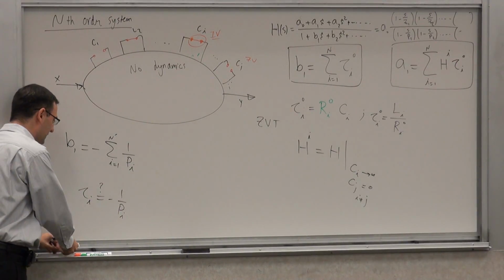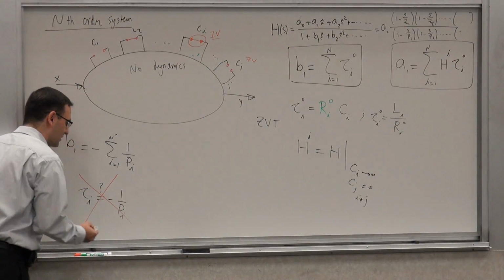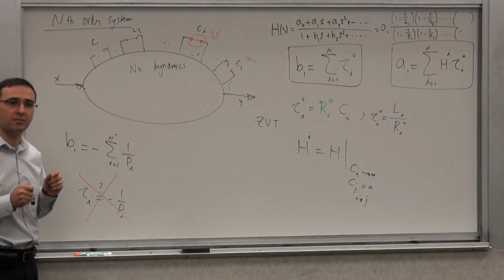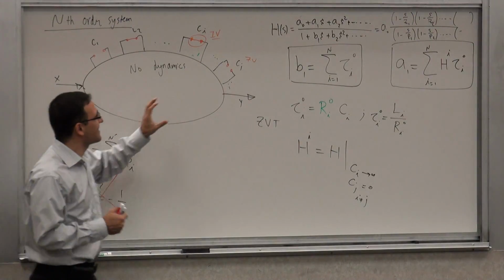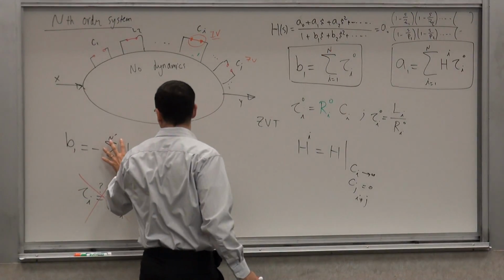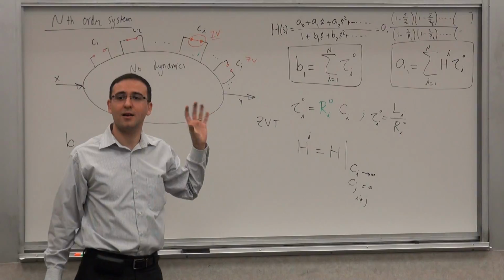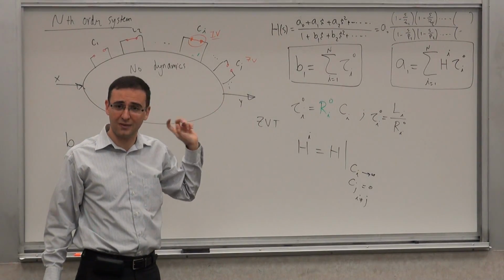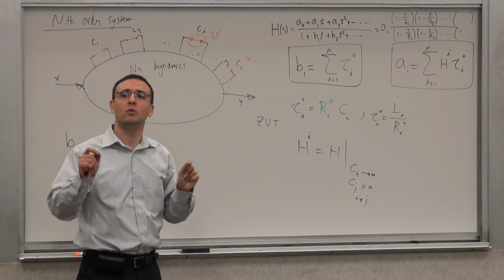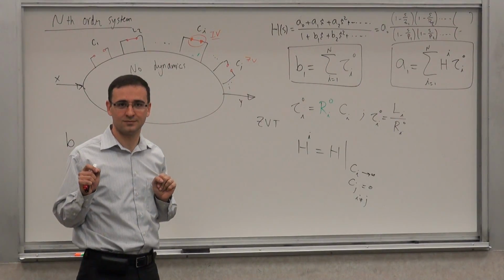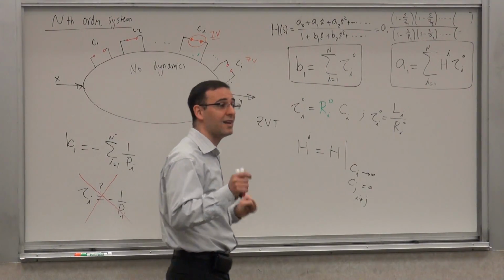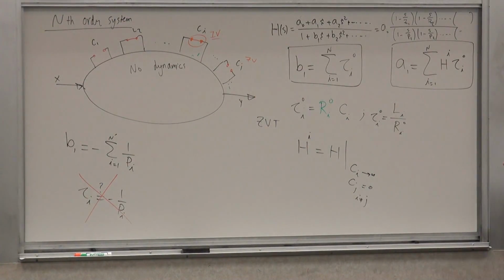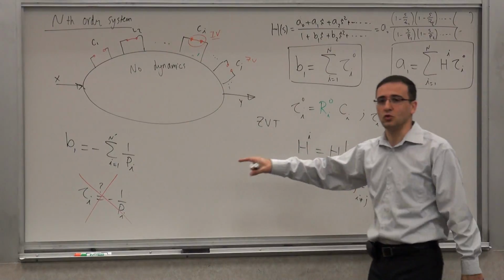But in general, this is not valid. This is not true. This is something that you should remember. Although this sum is equal to that sum, so the sum of the pole time constants is equal to the sum of the zero value time constants, there's no one-to-one relationship in general, unless the poles are uncoupled, and I'll tell you what uncoupled is. So in general, this is not true.